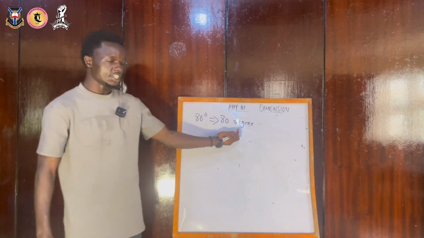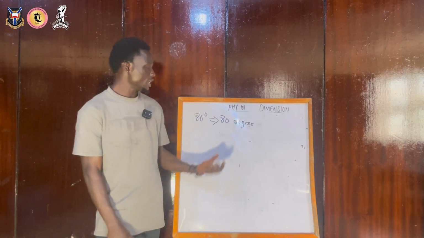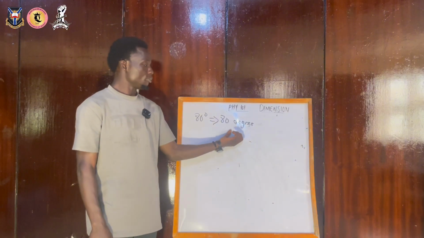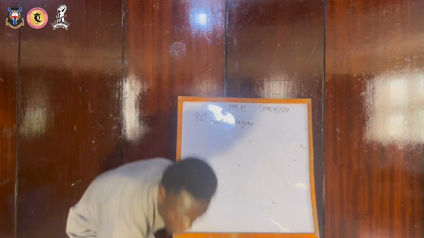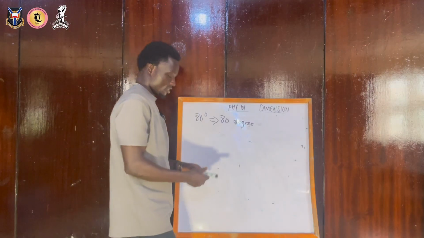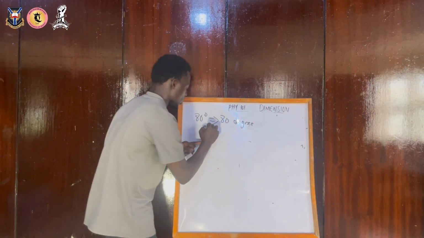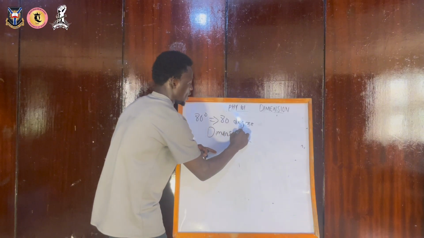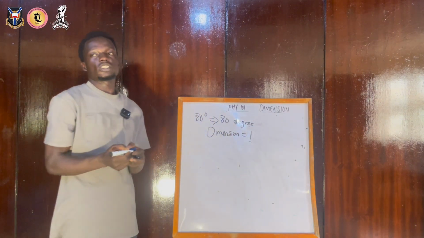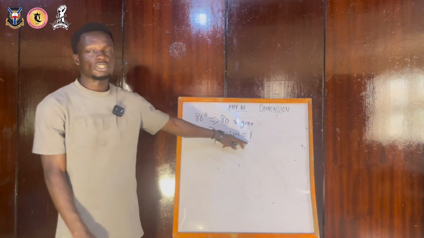It has a unit of degree. The unit at which we measure an angle is degree, but there is no dimension. It has units, but it doesn't have dimension. It has a dimension of 1. When we say a quantity does not have dimension, that means the dimension is 1.